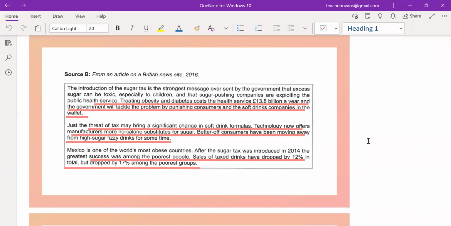It tells you that in Britain, because this is a British site, there has been research done that if a sugar tax is imposed by the government, it does help, especially because treating obesity and diabetes costs a lot more, and the government should tackle this problem by punishing consumers and soft drinks companies.